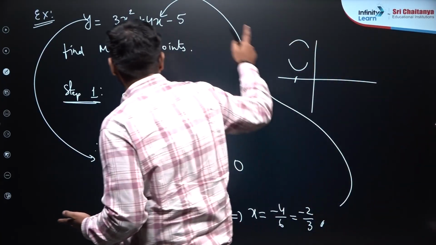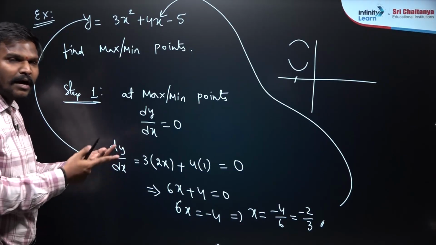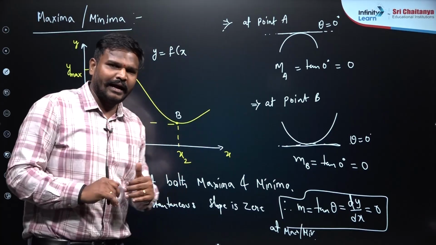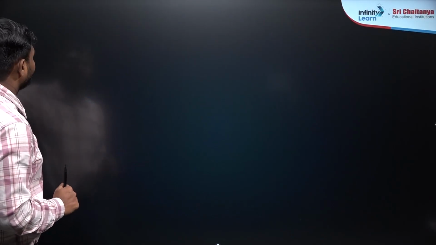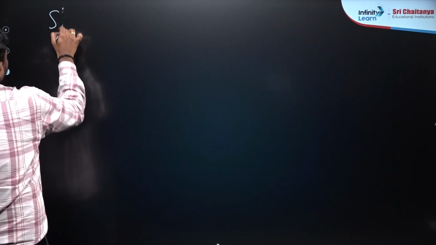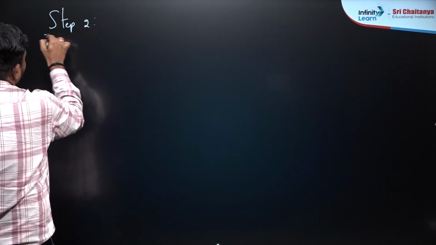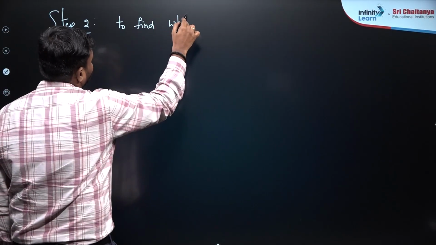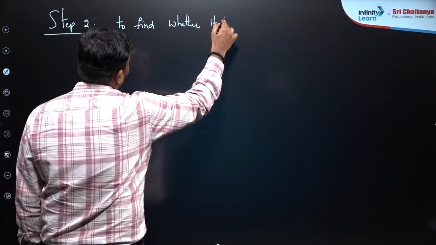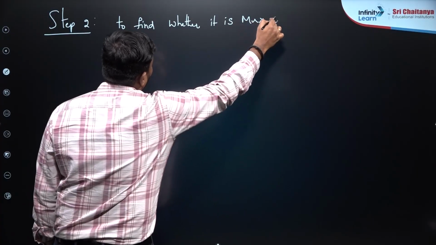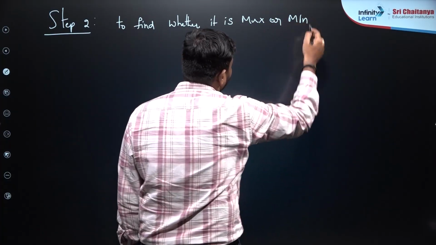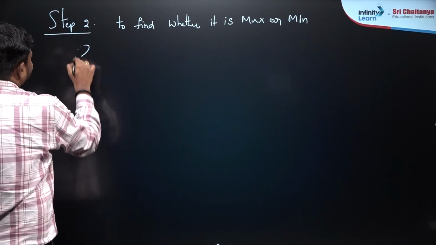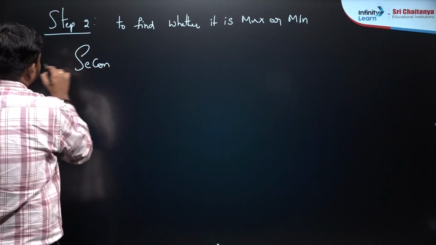Because at both the positions slope is 0, and we have one more step, that is step 2, to find whether it is a maxima point or minima point, whether you have a maximum peak or a minimum peak. So what we will do, sir, is a second derivative check that we need to perform.